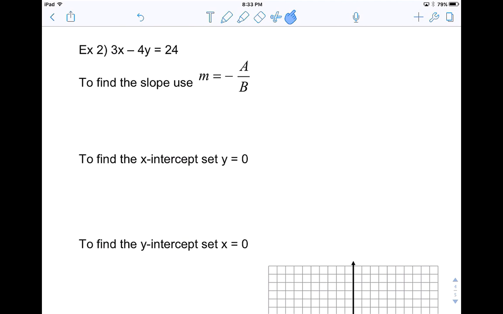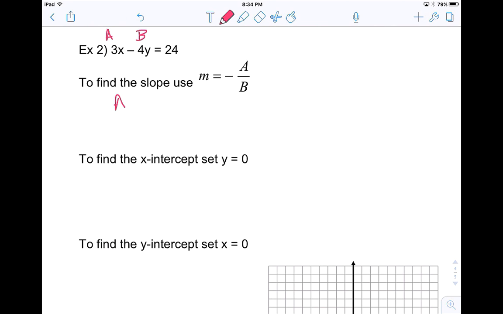So let's look at our first example. Not example 2, but our first example, 3x minus 4y equals 24. First we're going to find our slope by plugging into this formula, m equals negative a over b, a divided by b. First we need to identify, remember a is always with x, b is always with y.